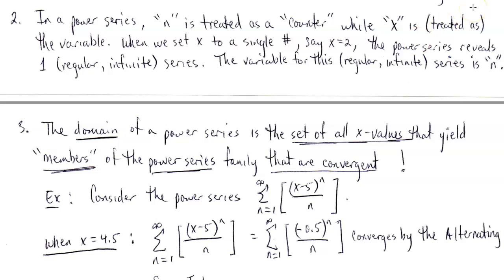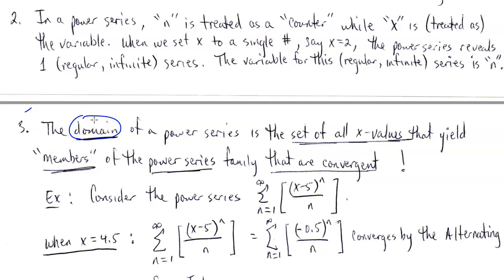All right, so the third characteristic, and this is probably one of the more important ones here, the domain of the power series is a set of all x values that yield members of the power series family that are convergent. Okay, so what that means is remember, domain means x values that are quote unquote valid.